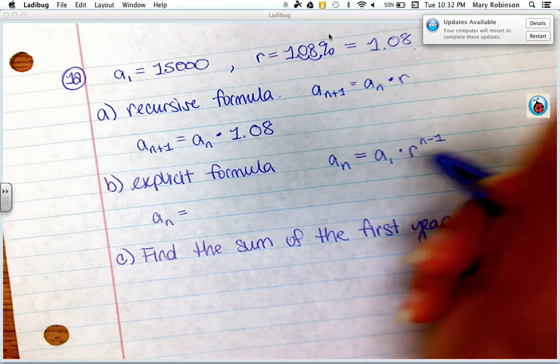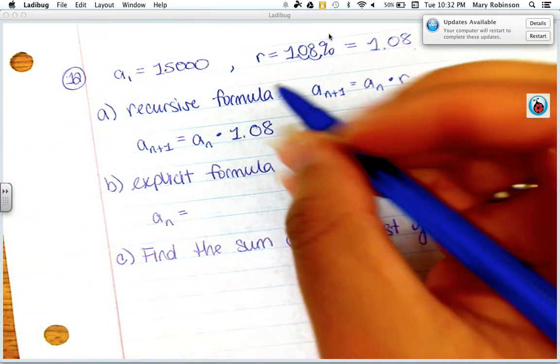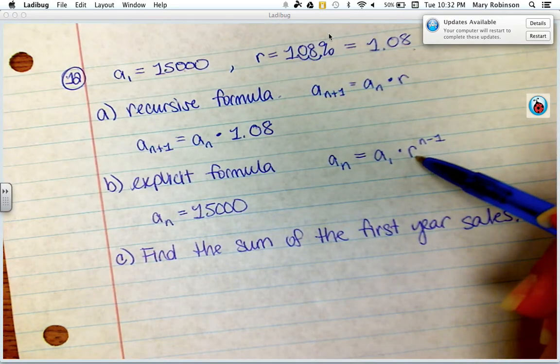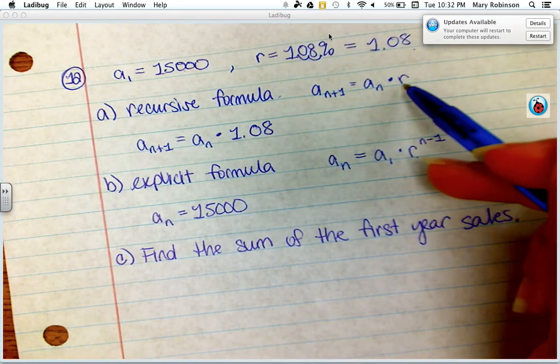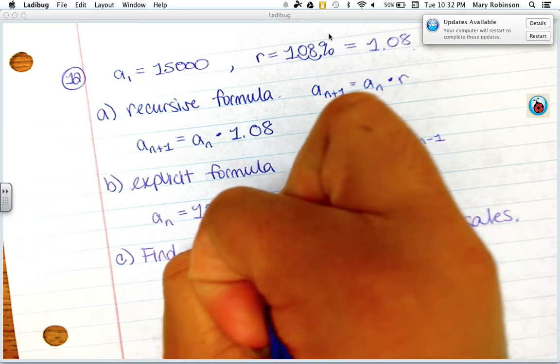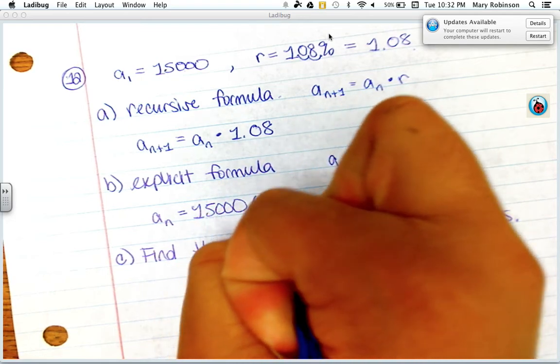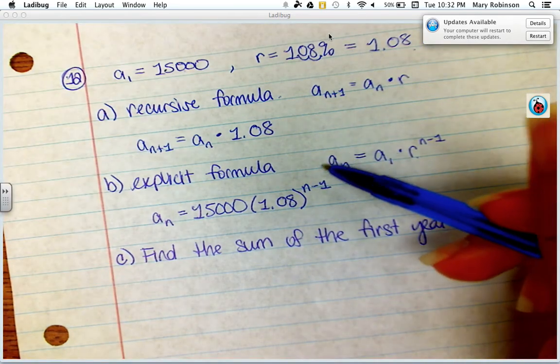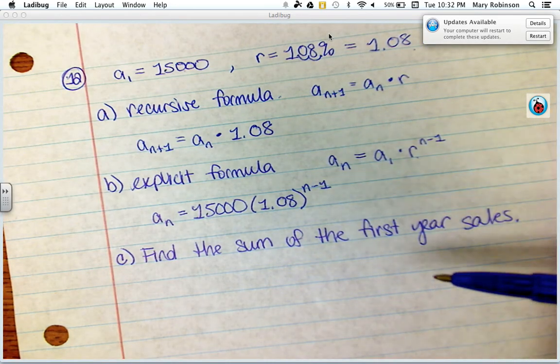Well, my bad. Our a sub 1 is 15,000. Our r value is 1.08. So 15,000 times 1.08 raised to the n minus 1 power. So that is our explicit formula.